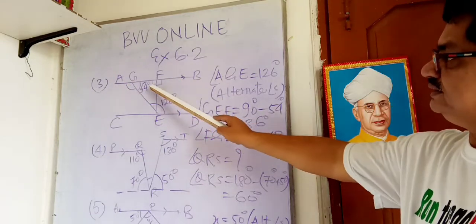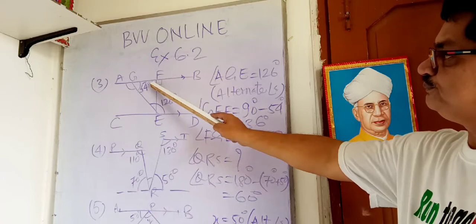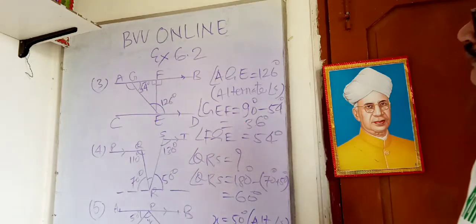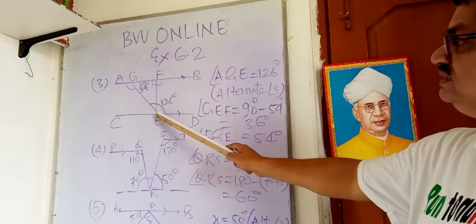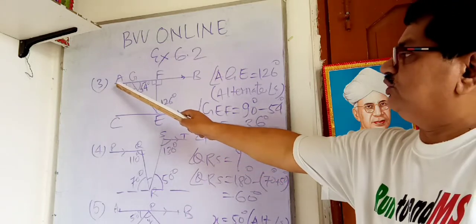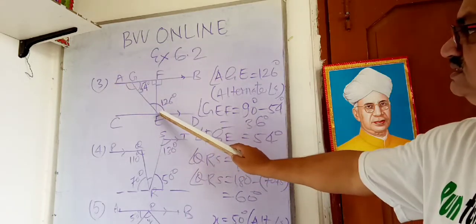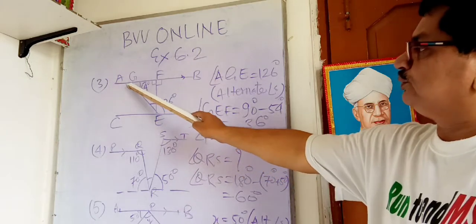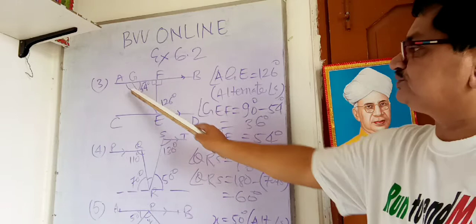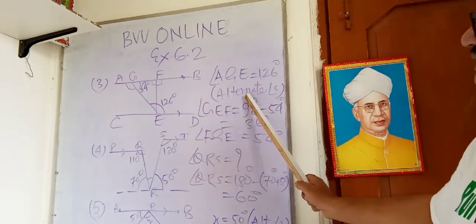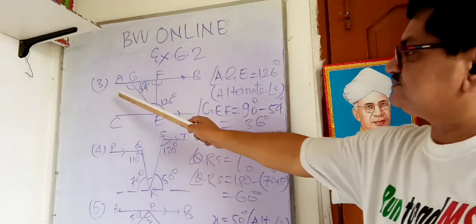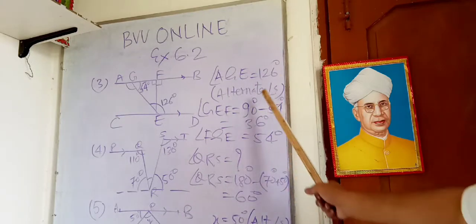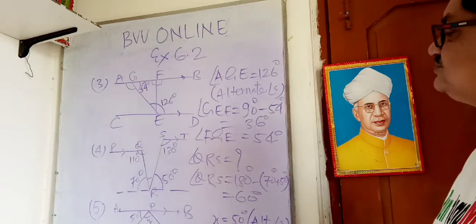So clearly it will be 90 degree. And AGE, it is very obvious that AGE and GED are both alternate angles. Therefore, AGE will be equal to 126 degree, and we will write here alternate angles.